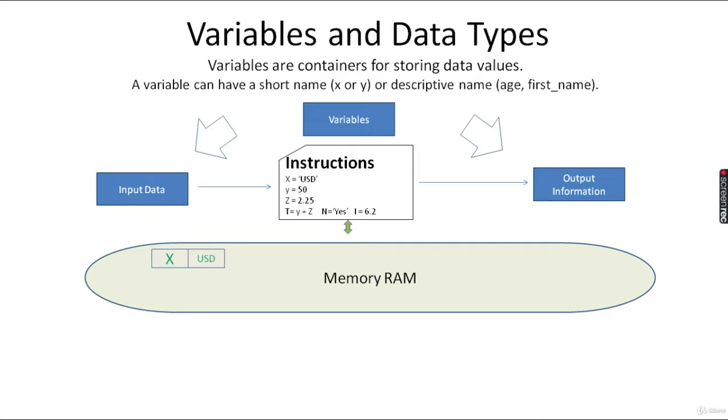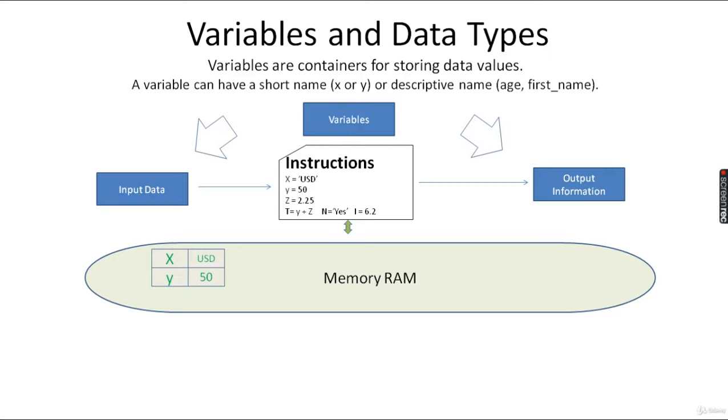This is actually done by the processor. Once the instruction X equal USD is sent to the processor, it will register a memory cell of type string and put US dollar as the initialization value for the variable X.